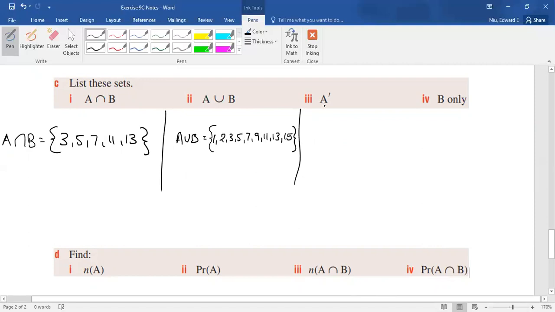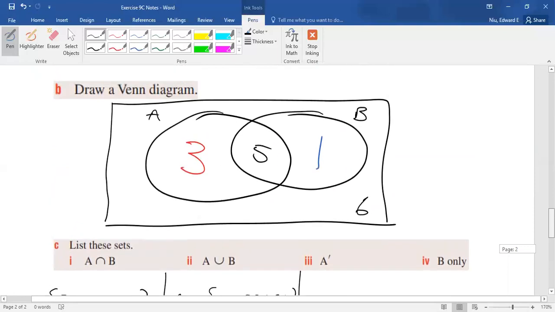Here we've got all the elements that aren't in set A. So not in set A would just mean B, and everything else on the outside of that circle too.